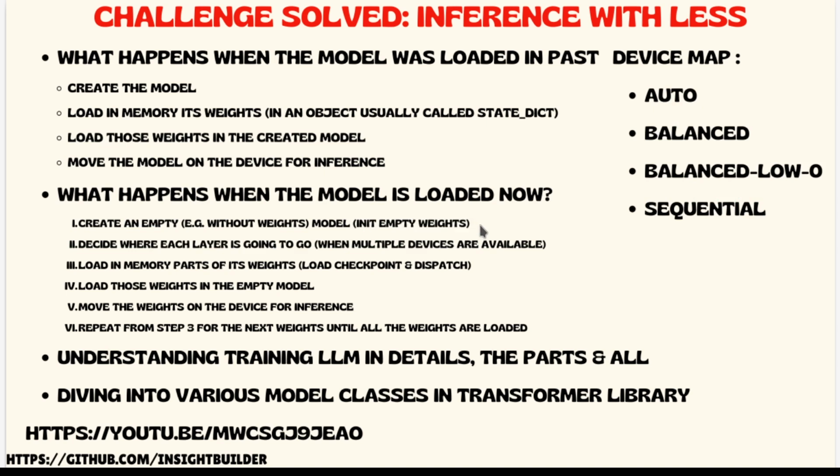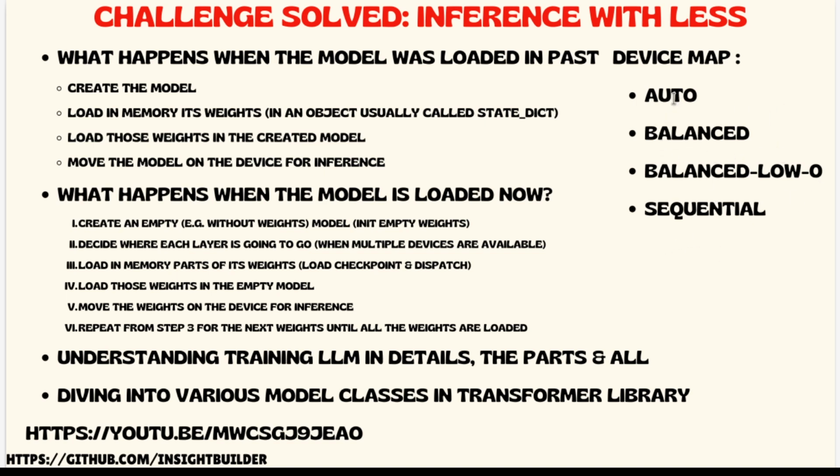Second, the device map. There is something called a device map configuration that we can provide, and we can also have default device maps like auto, balanced, balanced_low_0, and sequential.